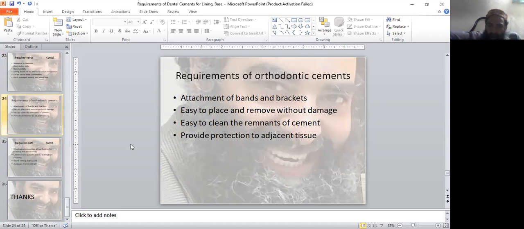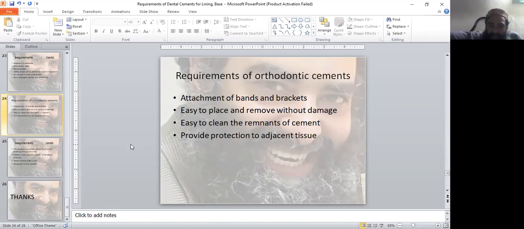Requirements of orthodontic cements: attachment of bands and brackets. Bands and brackets you have seen on a patient who is undergoing orthodontic treatment, the brackets which you can see when he talks or laughs.